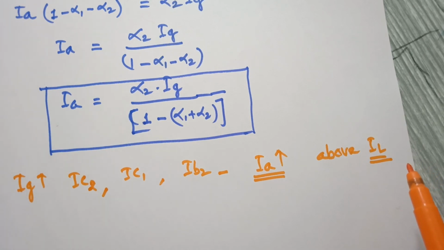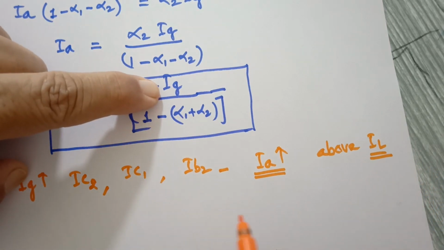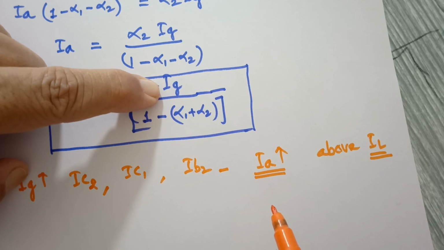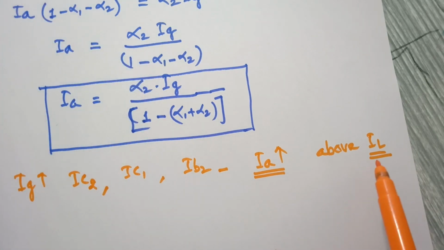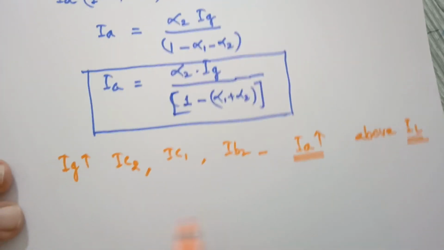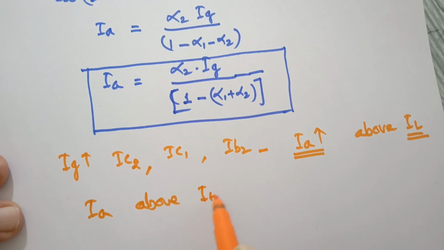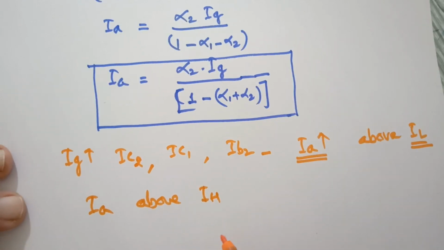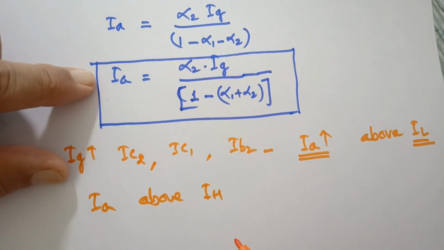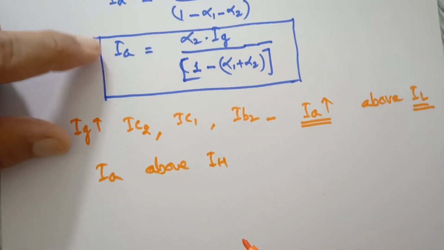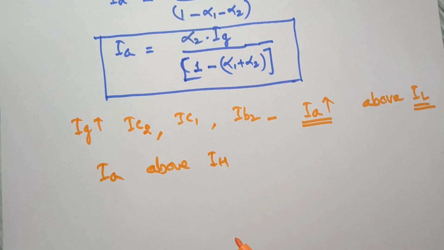So once SCR fires, gate current loses its control on the SCR state. This is important. And you know that so long as this anode current is above holding current, SCR remains on. So this is how you get the expression for the anode current by considering SCR to be made up of two transistors.